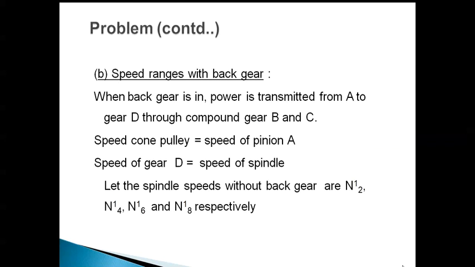When the back gear is engaged, the speeds will be reduced.